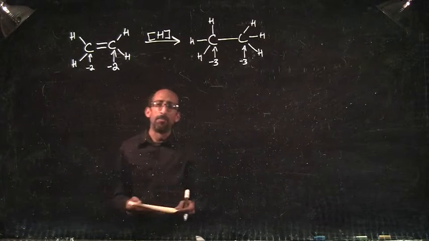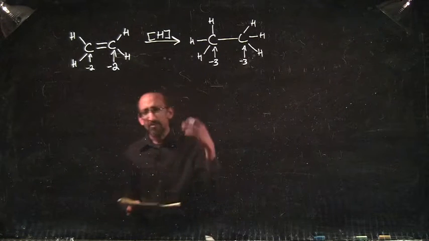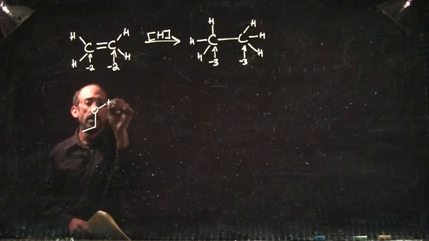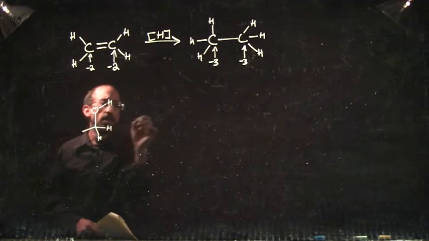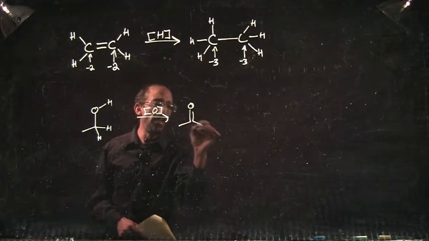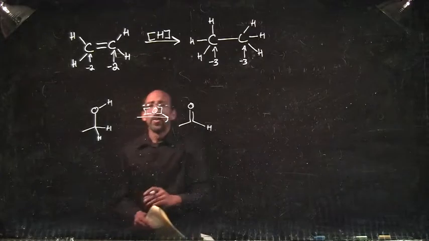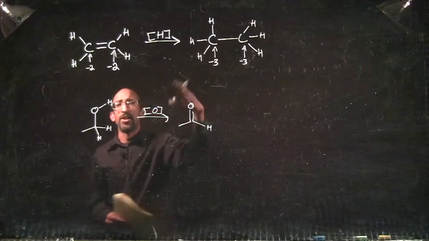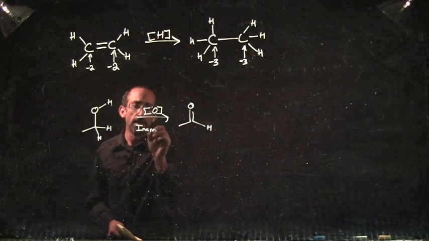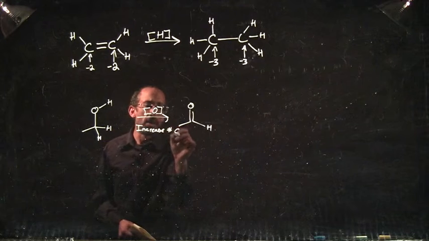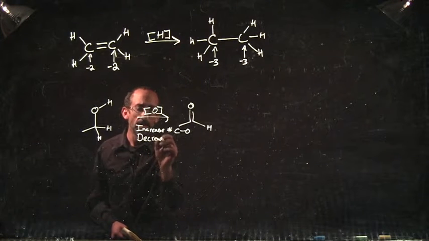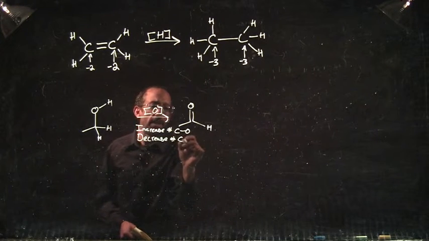What you've noticed is that in our previous example for oxidation, where we had this alcohol being oxidized to an aldehyde, we can notice some trends in organic molecules in that under oxidation we increase the number of carbon-oxygen bonds and simultaneously decrease the number of carbon-hydrogen bonds.